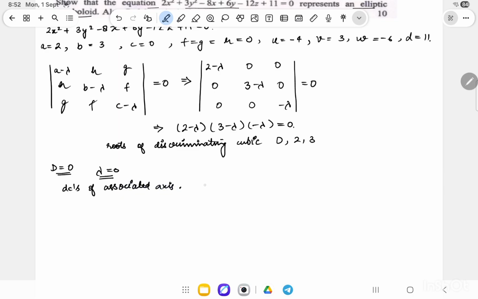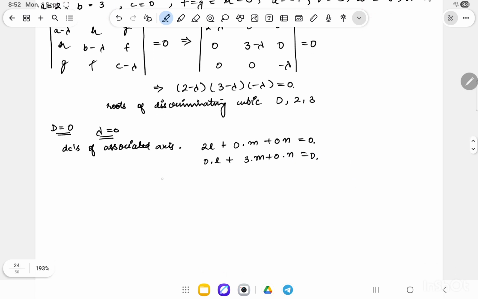When lambda is 0, I can easily get the direction ratios of the associated axis. That would be 2l plus 0m plus 0n equals 0, and 0l plus 3m plus 0n equals 0. If I solve it for l, m and n, I get l divided by 0, minus m divided by 0, and n divided by 6.